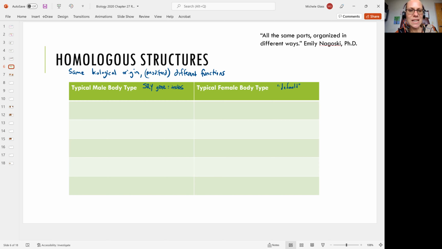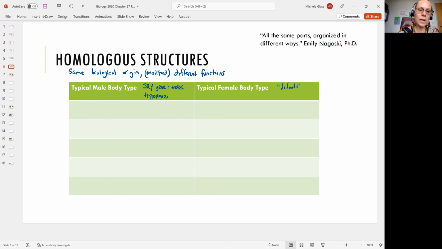And with the production of testes, you wash over your tissue in testosterone during development. And so what we see is the tissues that would otherwise form into female reproductive structures now change in their development to look like the typical male body type.